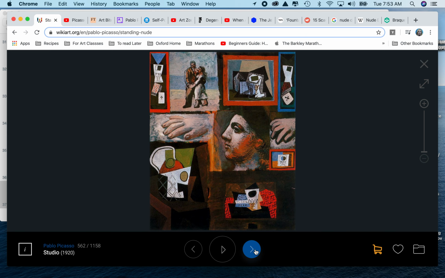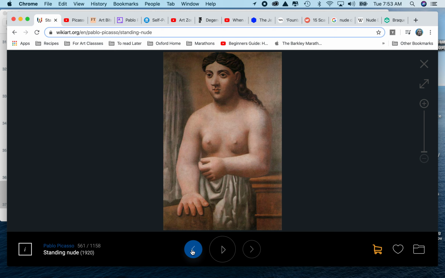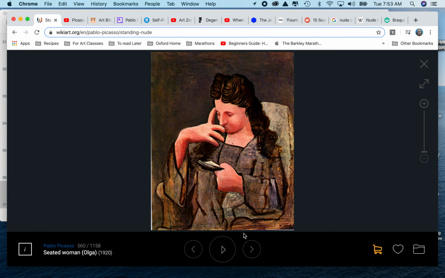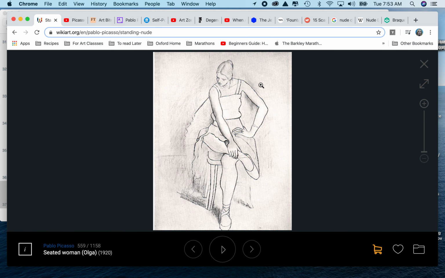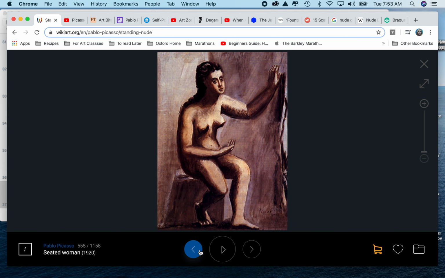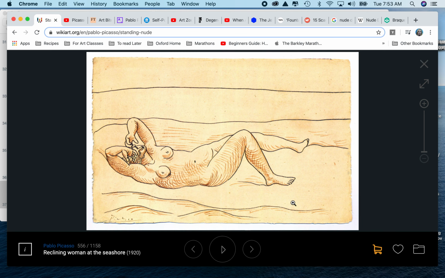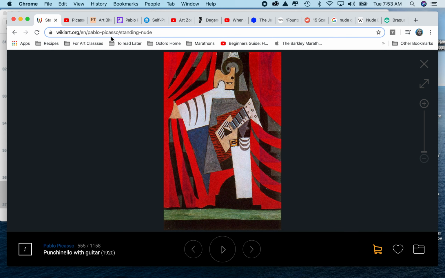I don't know who he is, but that's okay. It looks Greek and Roman inspired, right? Sort of Greek and Roman inspired in a Picasso way. Now, this was done in 1920. So this was done far, far after the neoclassical style. But Picasso liked to mix, he had so many different styles and ways of working.